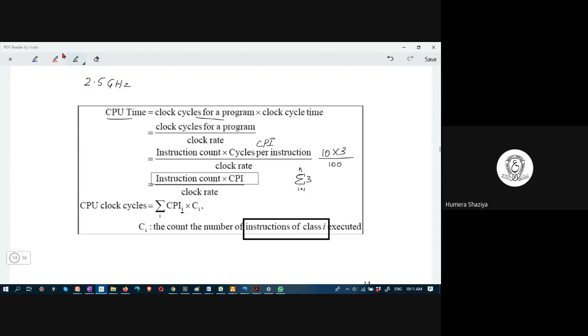C sub i is the count, the number of instructions of class i executed.